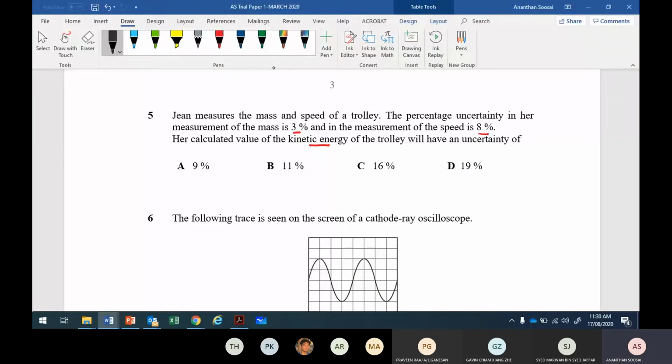For uncertainty questions, first get your formula. Energy equals half mv squared. Then write the uncertainty formula: change in E over E equals change in m over m plus 2 change in v over v.